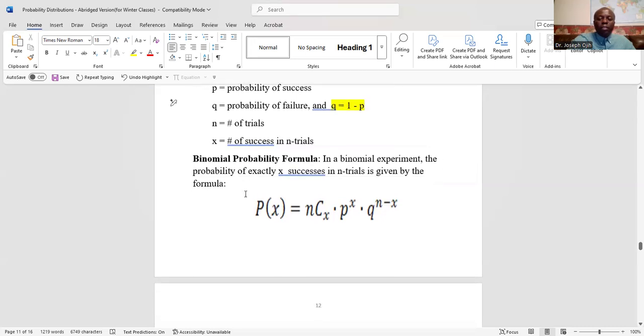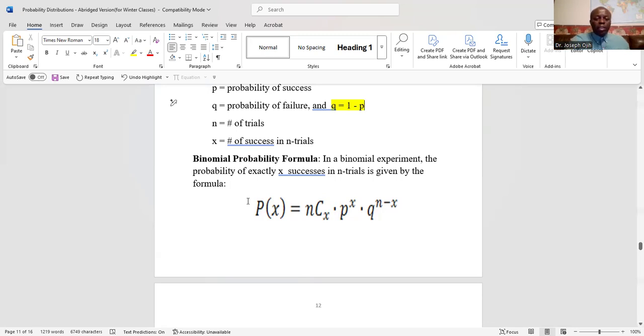So there are 3 ways you can solve this kind of probability. Either you use a table, the one I told you to print last on Tuesday, which we'll start using next week for normal distribution.